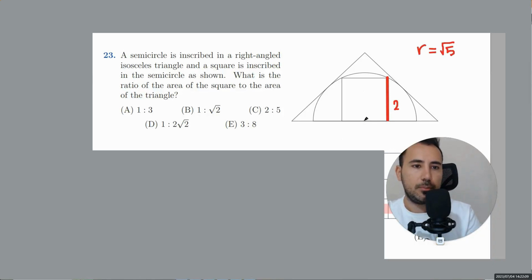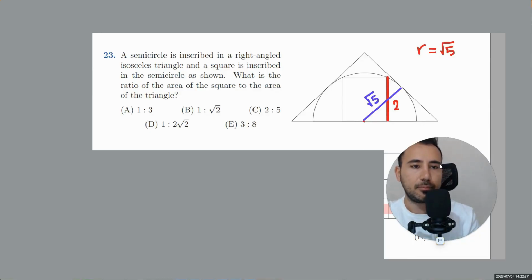That also means, from the center of the circle, if I draw this line, let me make it smaller, from here to here, this is the radius. This is again a square root of 5. Make it purple. This is also a square root of 5.